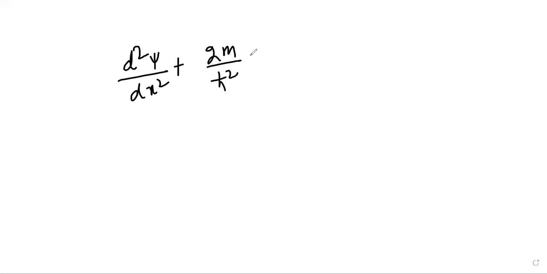Now assuming that the energy of the electrons is less than V0, let us define two quantities. Let me just rewrite the equations. Schrodinger's equation: d squared psi by dx squared plus 2m by h bar squared E psi equals 0.